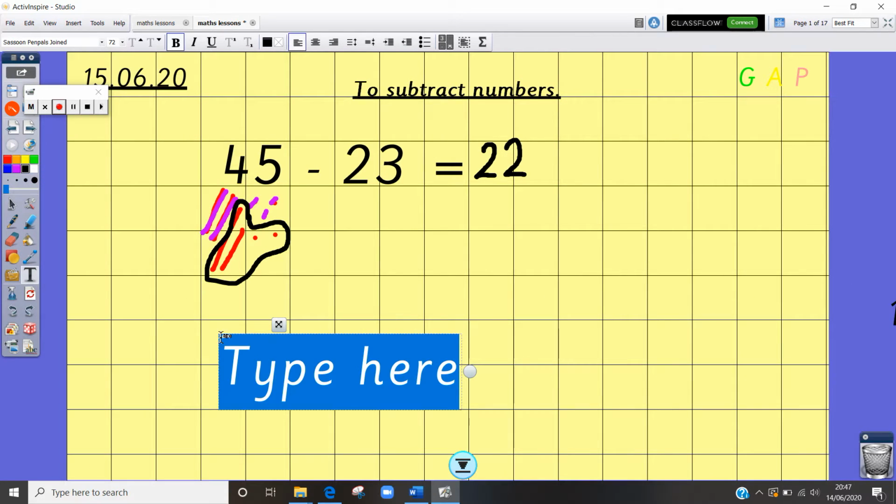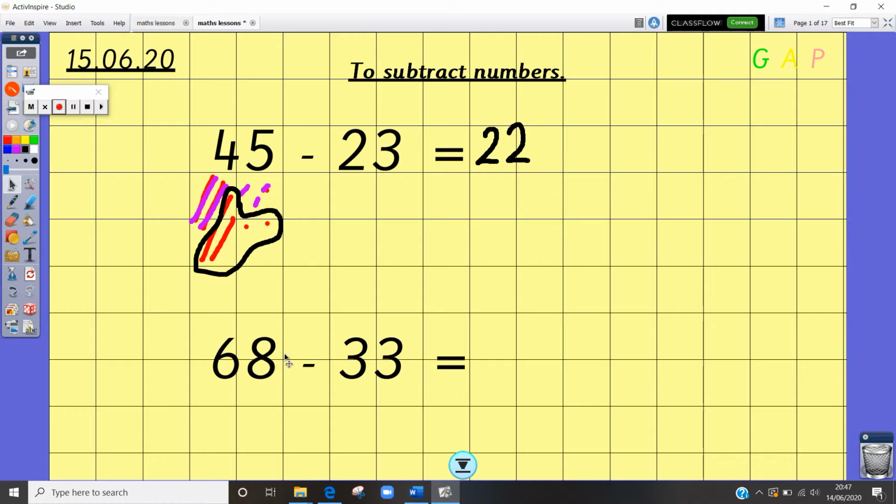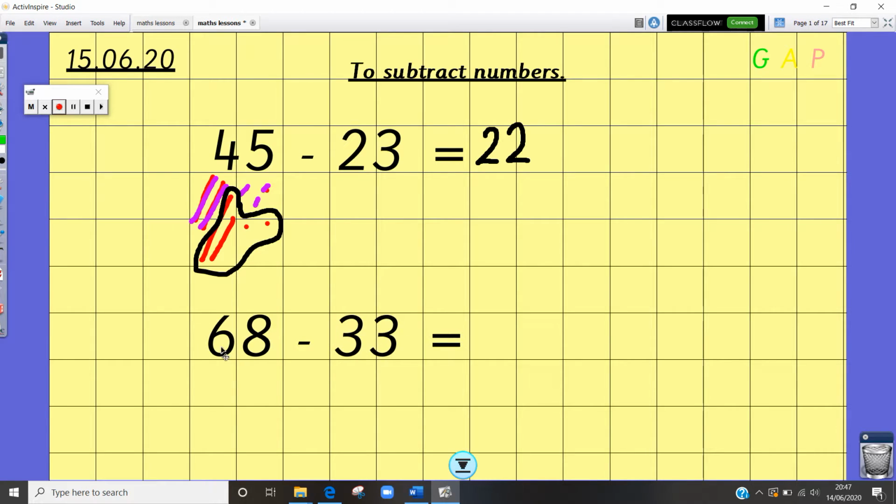So this time we'll do 68 and we're going to subtract 33. Okay, so again, I need to look at my largest number, which is 68, and I need to represent 68 using tens and ones. So we've got 10, 20, 30, 40, 50, 60, 1, 2, 3, 4, 5, 6, 7, 8.